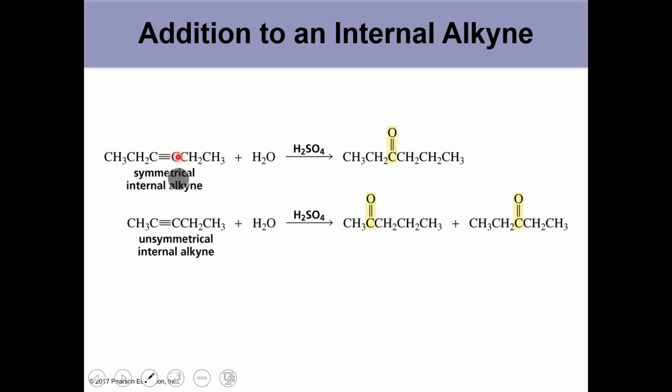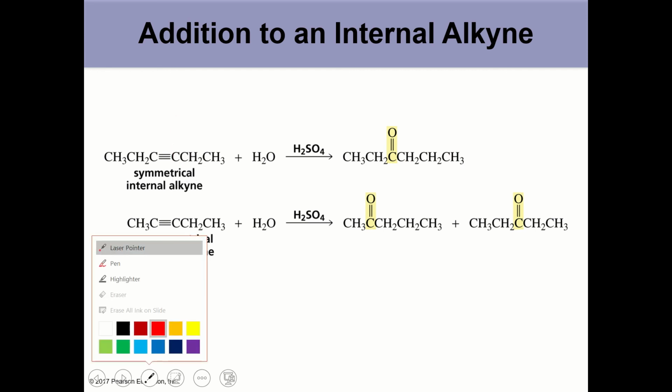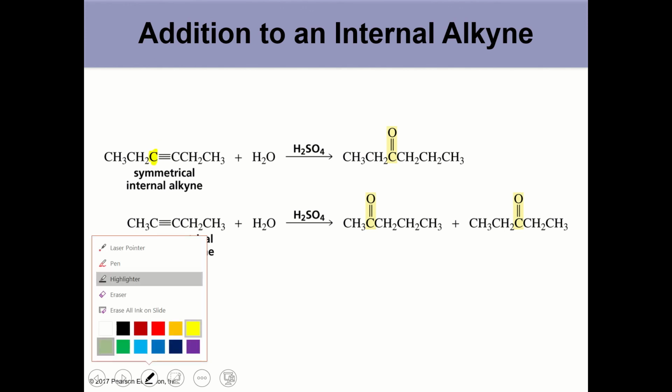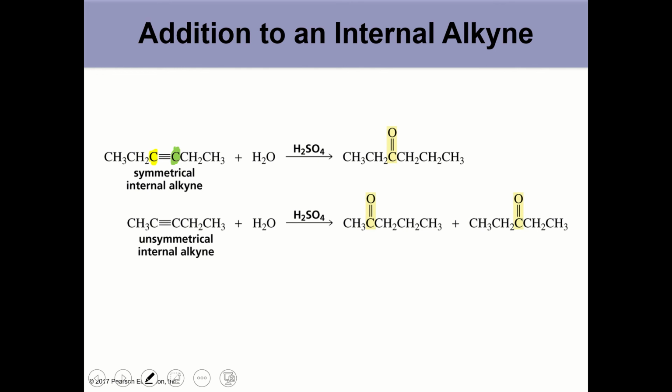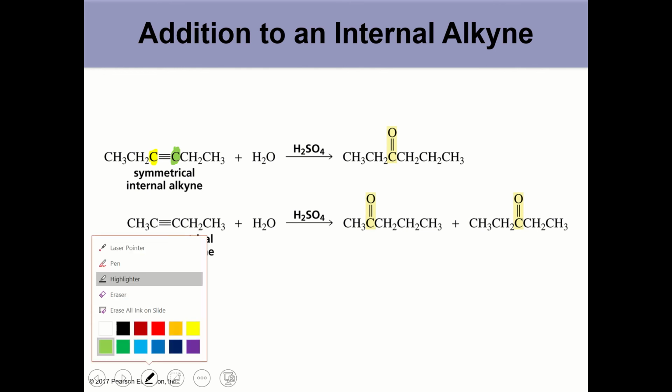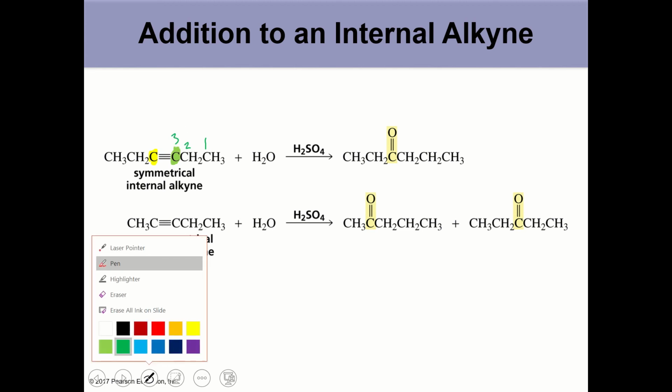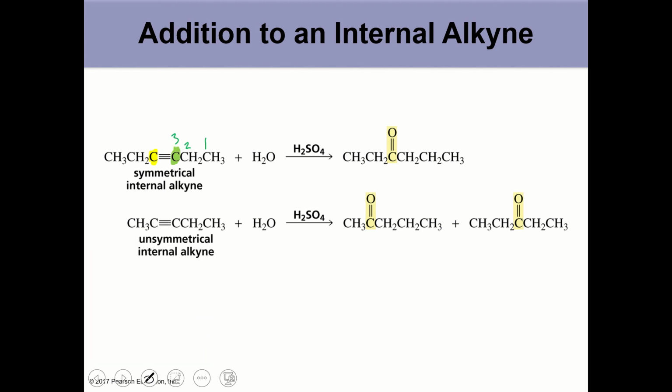If I added a C double bond O to the yellow carbon or to the green carbon, I would end up with 3-hexanone from either direction because it's symmetric. If you count from the end closest, 1, 2, 3. So either way, the C double bond O adds to carbon 3 because it's symmetric.